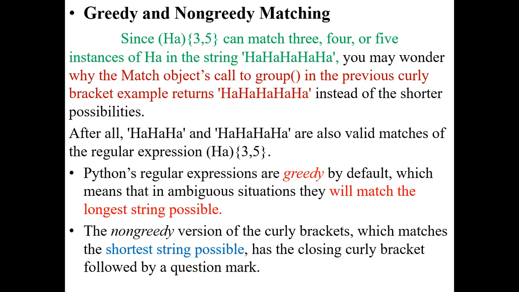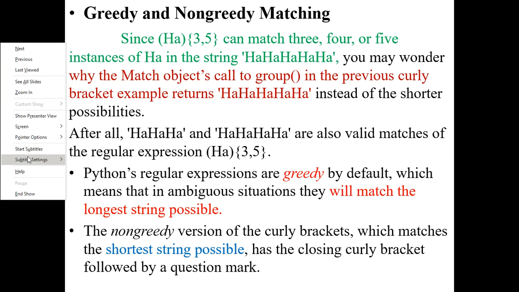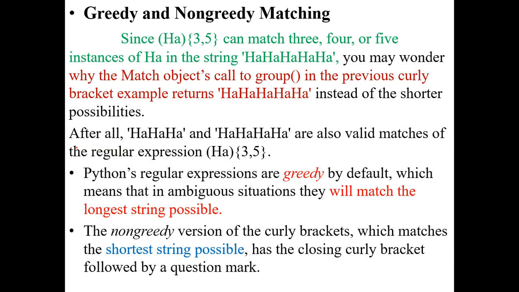The first one is greedy and non-greedy matching. Here we have written one group. How do we represent a group? By using a special character, which is parenthesis. So here I have created a group. After that I am using a pair of braces, in which I have mentioned some numbers. This 3 represents the beginning, this 5 represents the end.